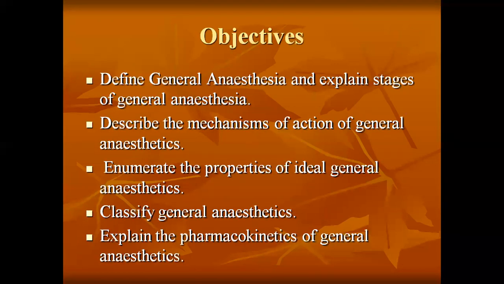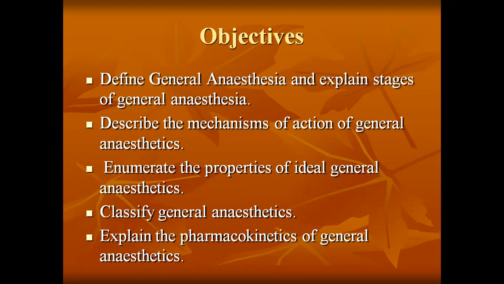By the end of this session of General Anesthetics, the medical MBBS student, phase 2, should be able to know the objectives: define what is general anesthesia, explain the stages of general anesthesia, know the mechanism of action, classify the general anesthetics.